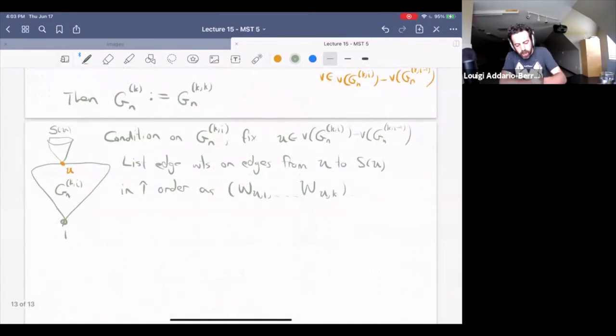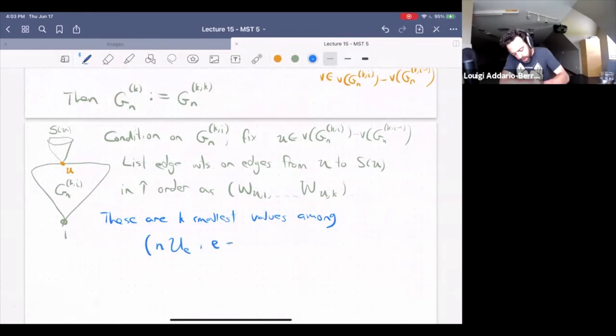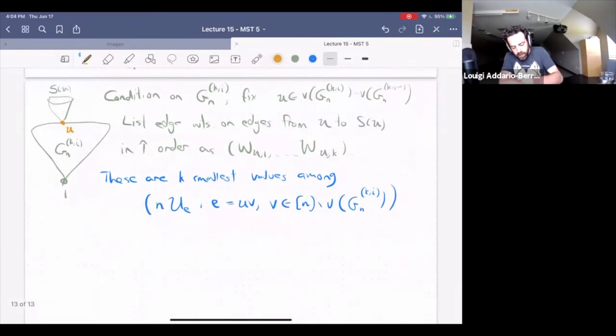So what are these? These are the k smallest values among a collection of edge weights, the N_u,e, which are how we weighted the edges. Here e is uv, and v has to be a vertex out there in the rest of the graph, so a vertex in N minus the vertices of G(n,K,i).